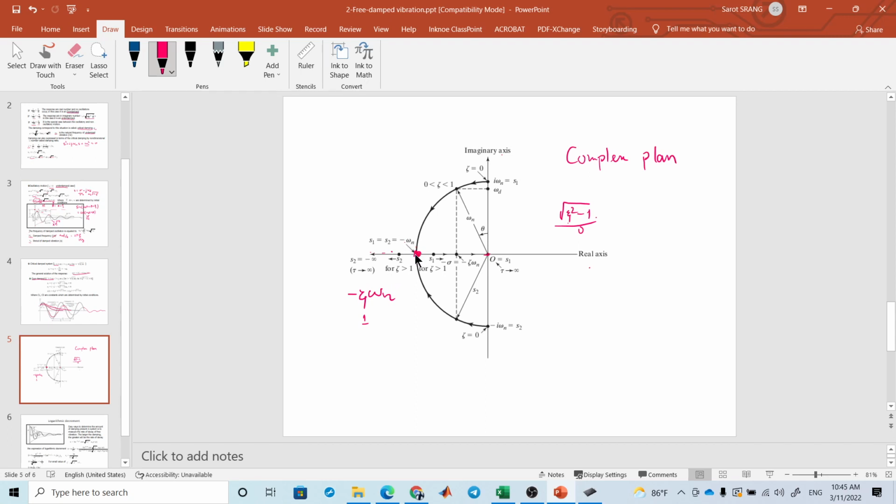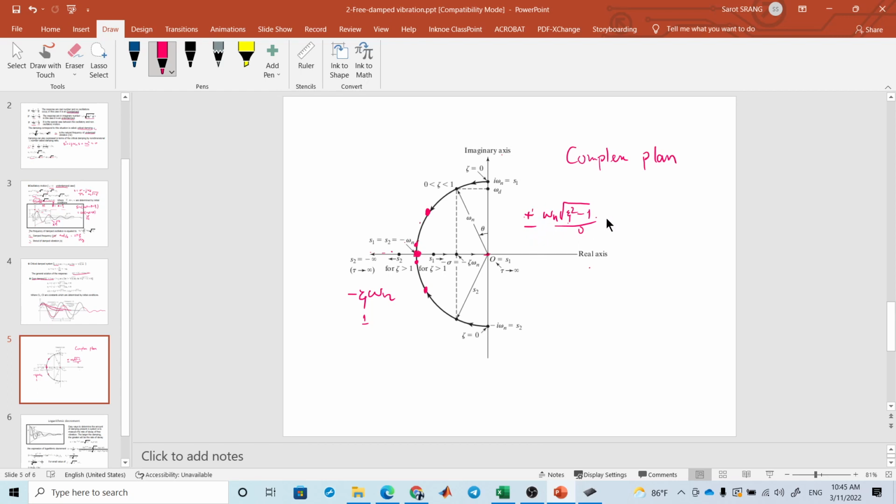And when zeta is less than 1, the roots of the characteristic equation start to drift away from the double root, and they become complex conjugates. If you have one complex number here, you must have one complex number here. Always symmetric with respect to the real axis. Okay, always symmetric. Because for the root you always have plus minus square root of delta, right?